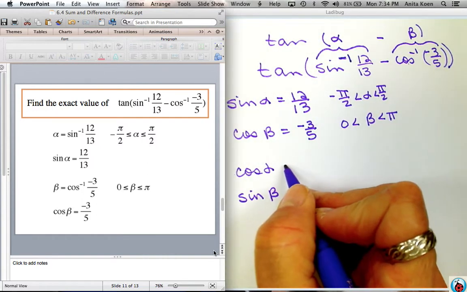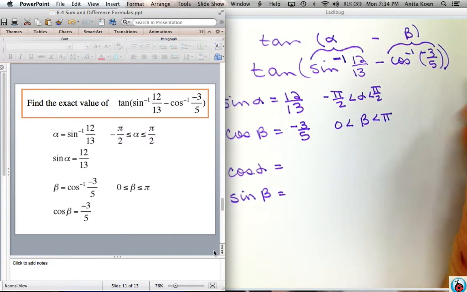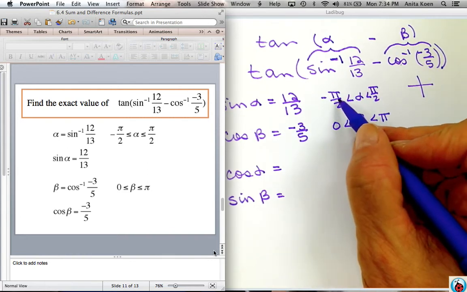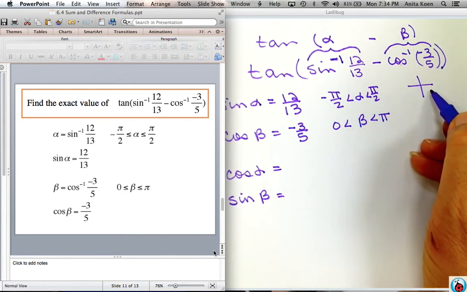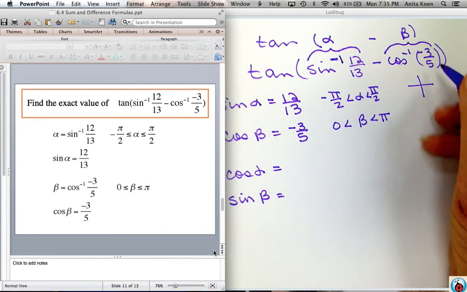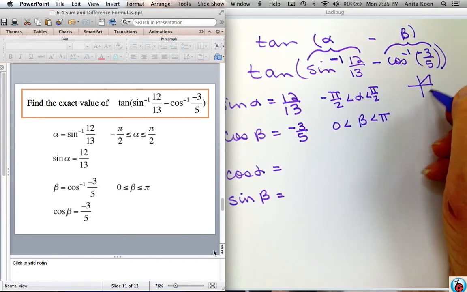So let's find the cosine of alpha. I'm going to come over here to the side, and I'm going to draw my little triangle. I know that we're in either quadrant 1 or 4, and since my sine is positive here, then I have to be in quadrant 1 because sine is negative in quadrant 4.